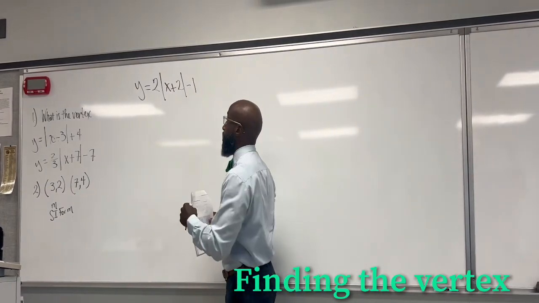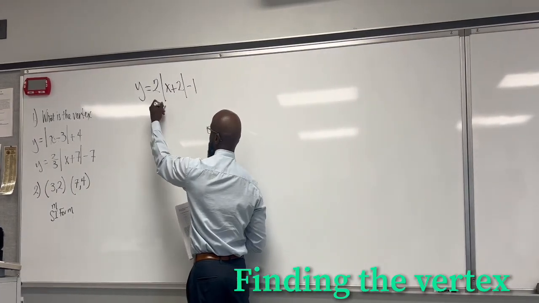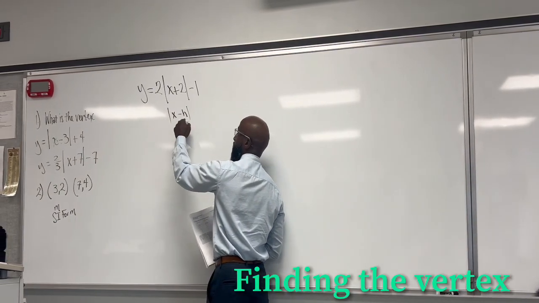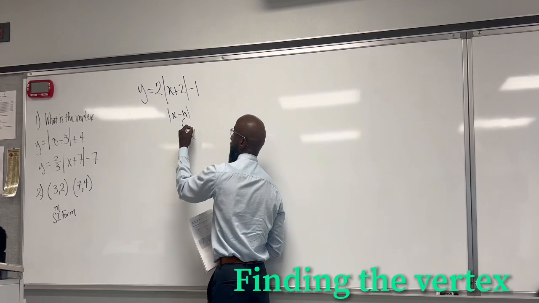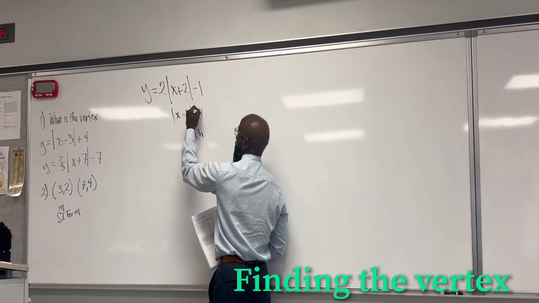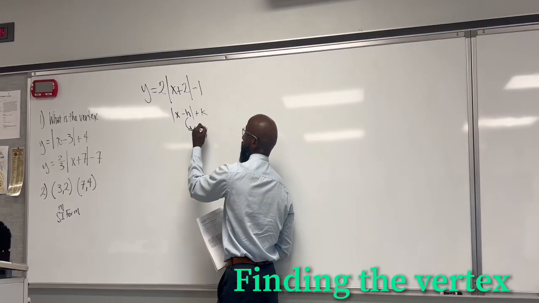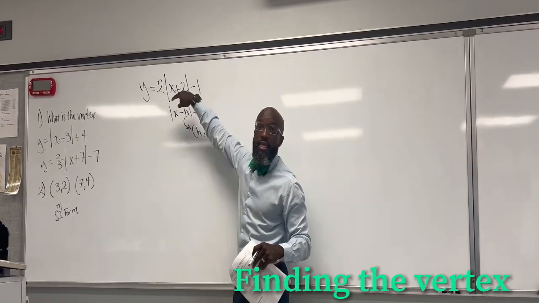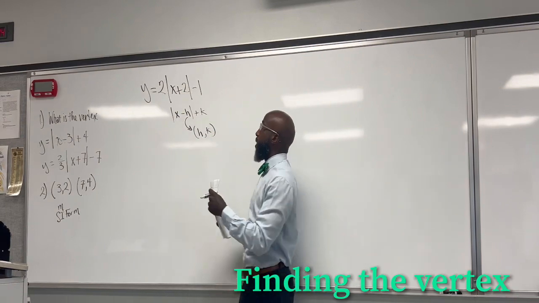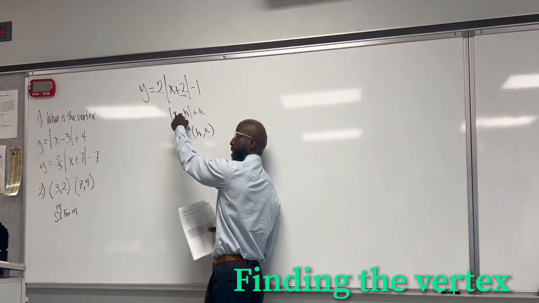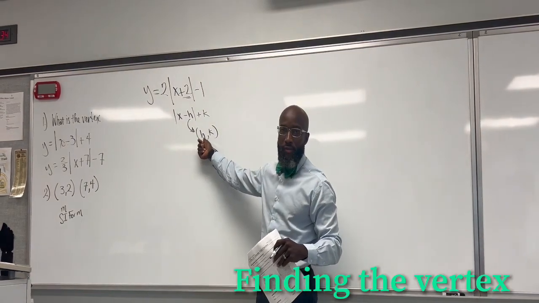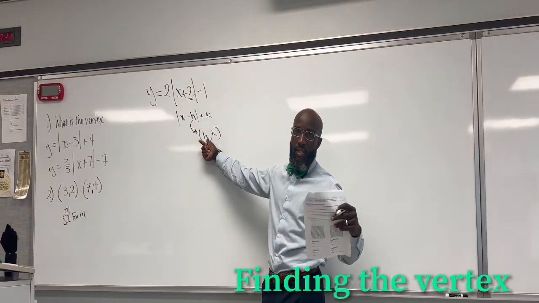First and foremost, on the inside of the absolute value bars, we have our x minus h being the x of the vertex, and on the outside we have the plus k being the y of the vertex. Everything inside the absolute value bars is the opposite: if it's negative on the inside, it's going to be positive when we identify the x value.